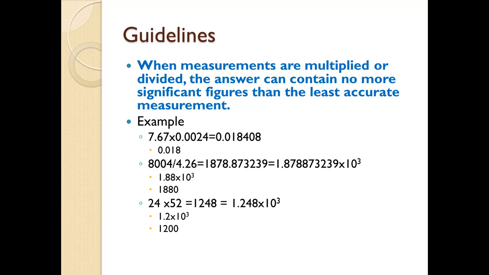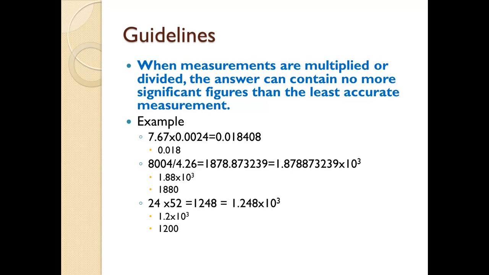For my example, 7.6 multiplied by 0.0024, the least accurate measurement is the 0.0024, because that has two significant figures. My calculator is going to display 0.018408, but my final answer should have two significant figures, which is 0.018.